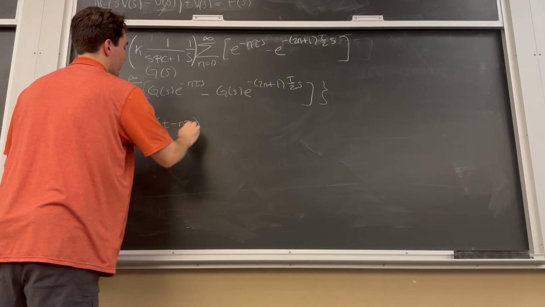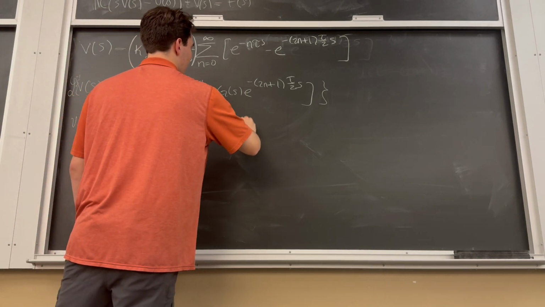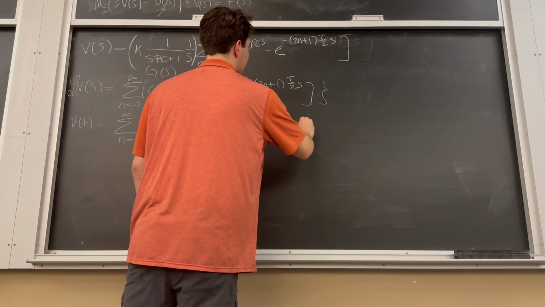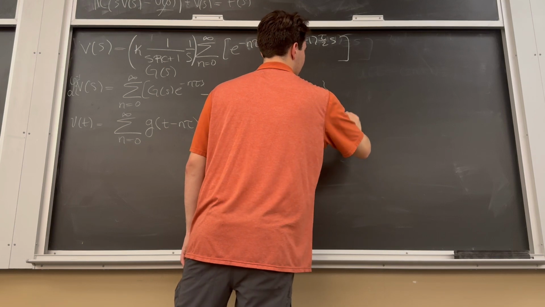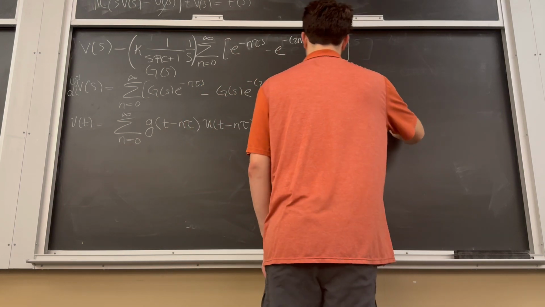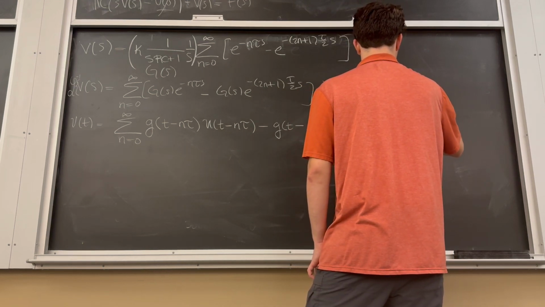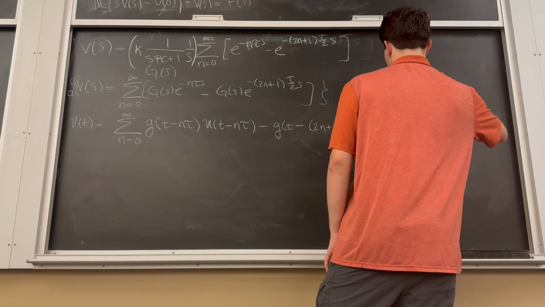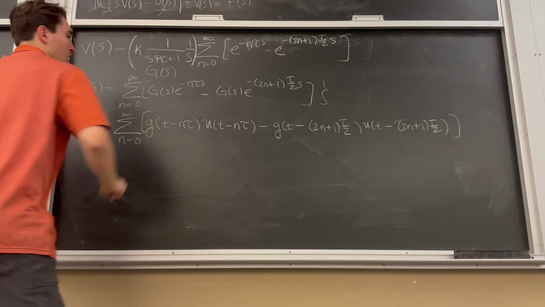We shift it by n tau, and include a Heaviside step function, and then of course another g of t, this time shifted by the odd terms in the series, and another Heaviside step function over here, t minus 2n plus 1 tau halves, close that parenthesis, and then let's close the summation overall.